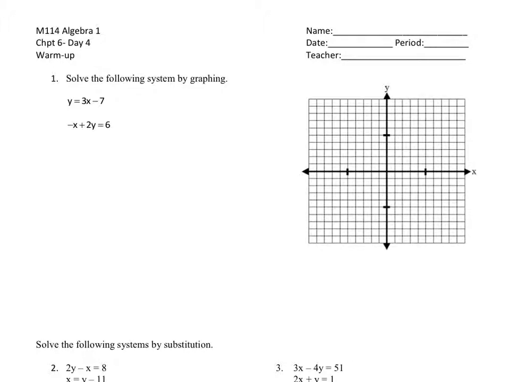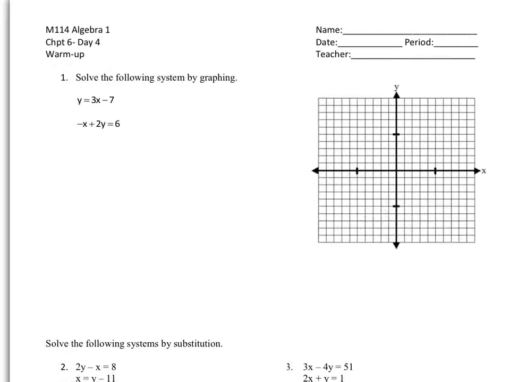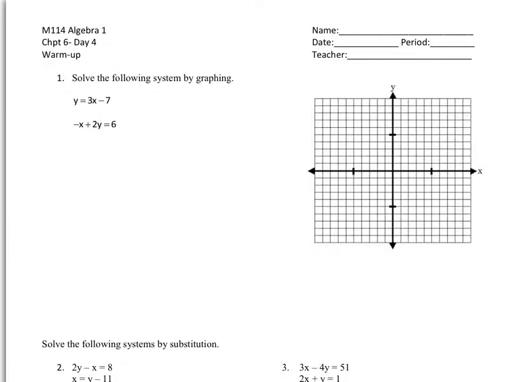So the first equation is already in slope-intercept form right here, so we don't have to change it. The equation below, negative x plus 2y is equal to 6, we need to get y by itself to graph that. So I'm going to add x to both sides.